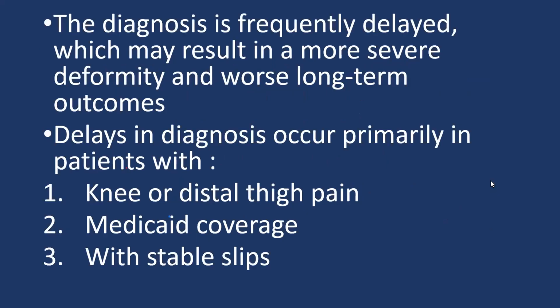The diagnosis is frequently delayed, which may result in a more severe deformity and worse long-term outcomes. Delays in diagnosis occur primarily in patients with knee or distal thigh pain, Medicaid coverage, and stable slips.